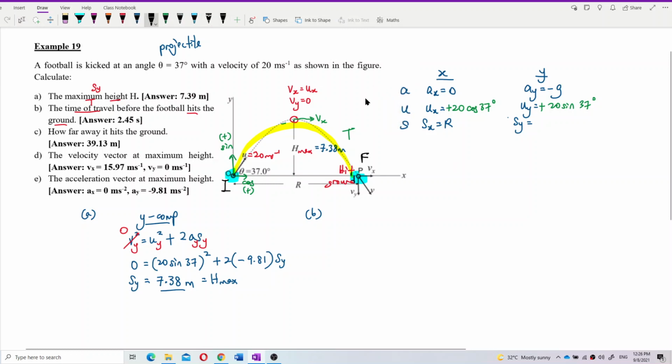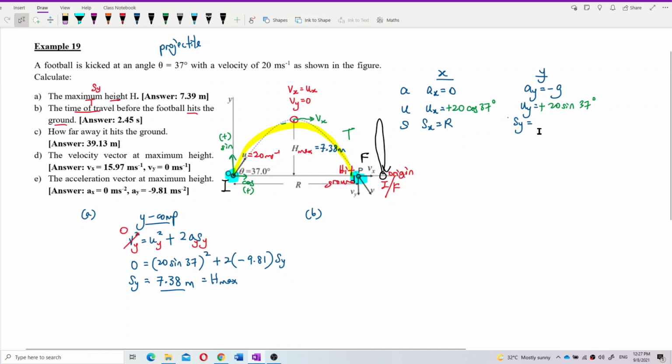The y displacement is just like the ball is being thrown up and then falls back to the same point again. So the initial and final points are on the same point. It is back to the origin. You see that? This is the origin.